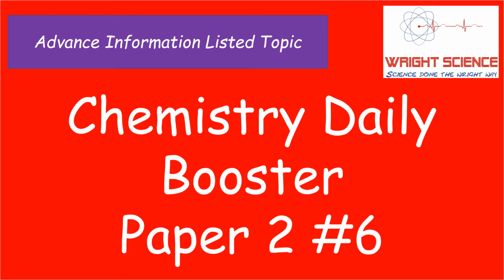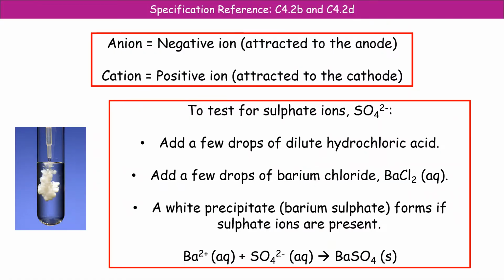This is number 6 in our Paper 2 series, and it is listed on the advanced information for both foundation and higher tier chemistry, because we're going to be looking at more of those practicals today. What we looked at in the previous Daily Booster was the cation test, so the positive ions, the ones that would be attracted to a cathode if we're talking electrolysis.